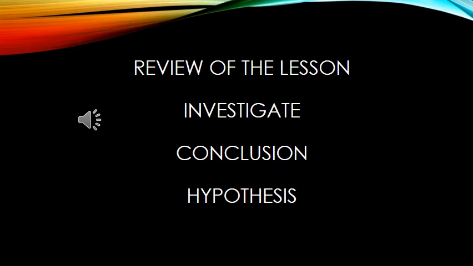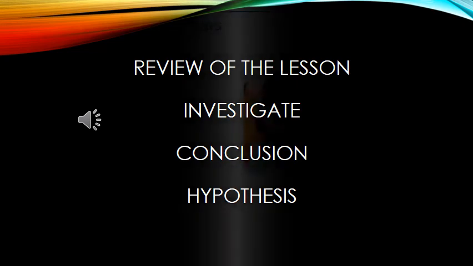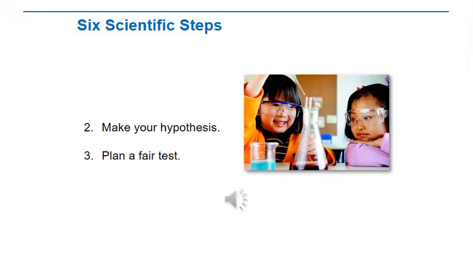We studied too that scientists repeat investigations before drawing conclusions, and that they have scientific methods to find their answers. There were 6 scientific steps. Number 1, ask a question. Number 2, make your hypothesis.